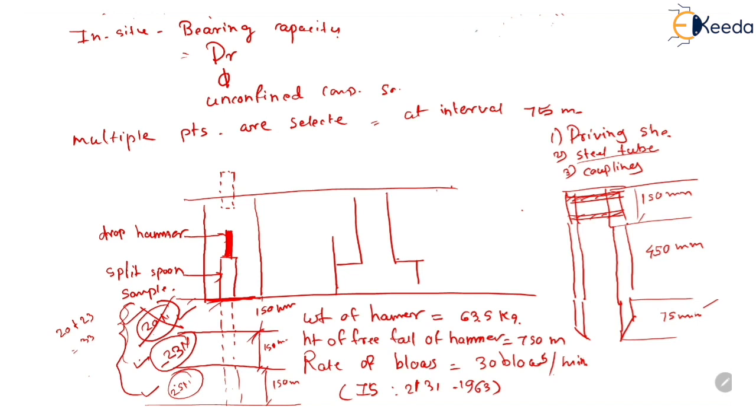So the standard penetration number SPTN is equal to, for this case, 23 plus 25 which is equal to 48.